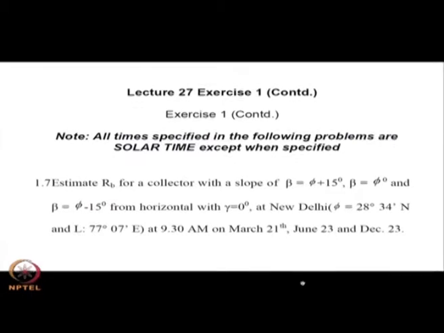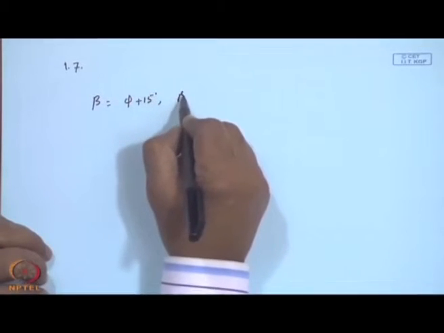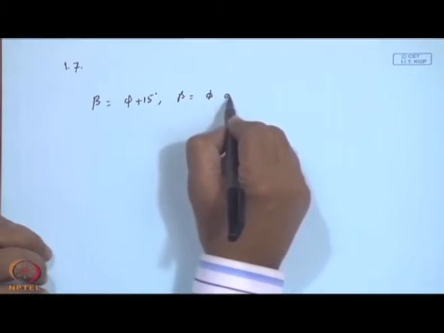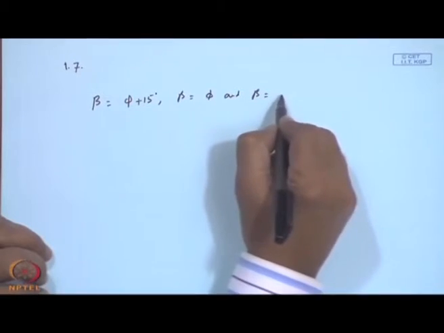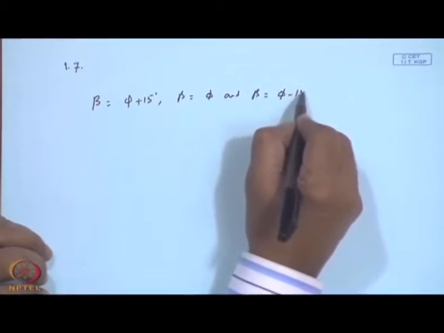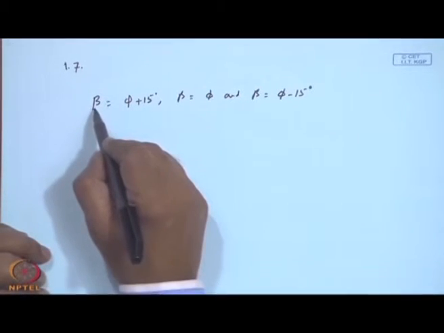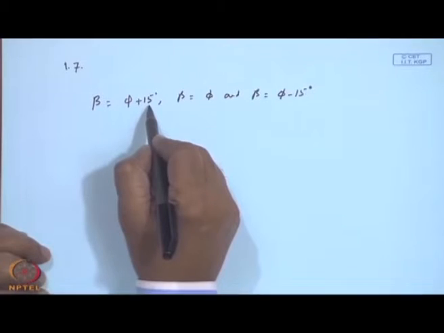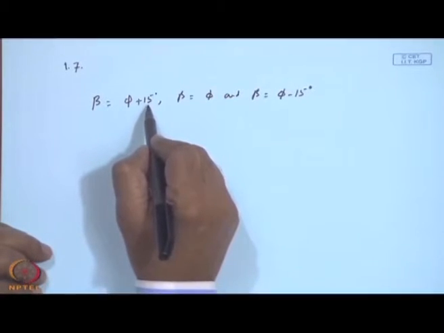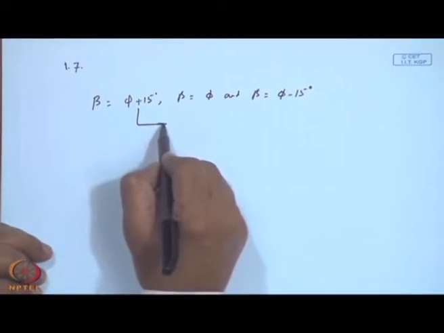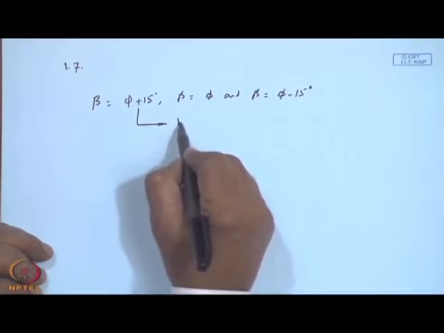So, in general we want beta equal to phi plus 15 degrees, beta equal to phi, and beta equal to phi minus 15 degrees. So, you can find out that the slope is phi plus 15 degrees.